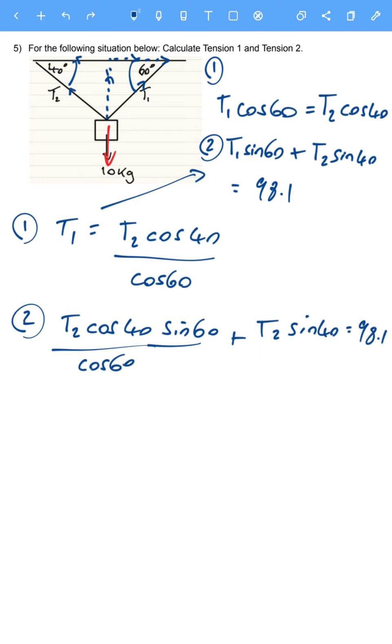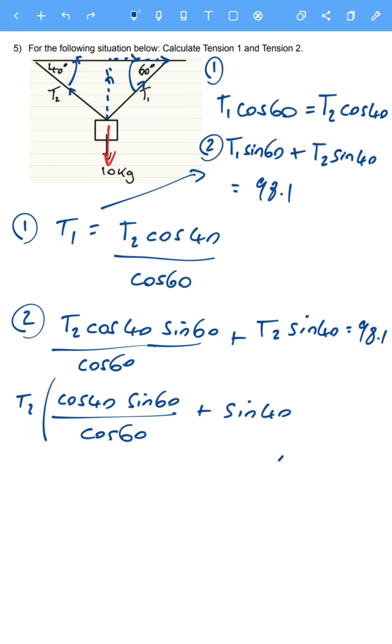Okay, and then what we need to do is obviously to factorize this and find T2. And once we've found T2, we can then substitute back into another equation and find T1. So T2, open bracket, cos 40 sine 60 divided by cos 60 plus sine 40, close bracket, will equal 98.1.